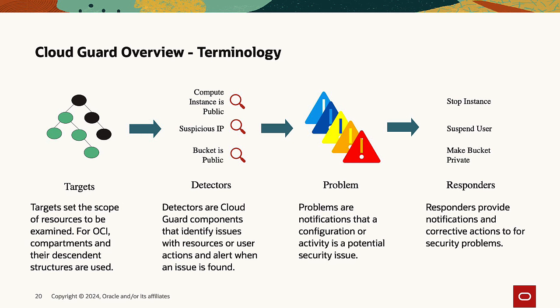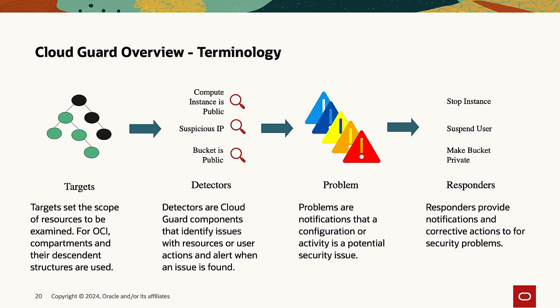So before we dive a little deeper, let's just review some terminology. Targets define the scope of what resources to evaluate. You can think of targets as compartments. For those of you who are familiar with OCI IAM, compartments are just a logical construct where your resources reside.